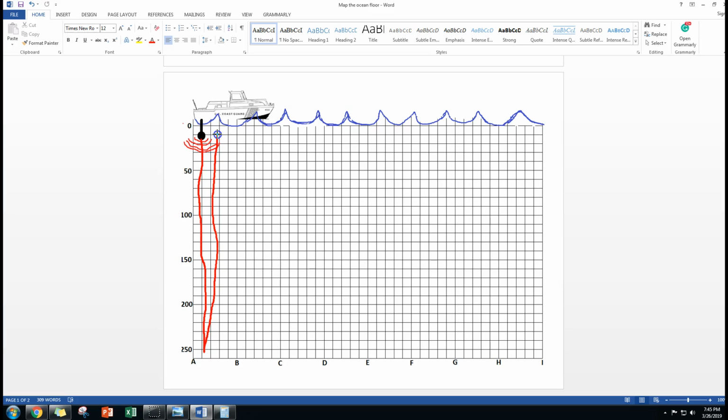That total distance down and back was 306 or whatever I had on my calculator meters. But we don't want to know the total distance down and back. We only want to know the total distance to the ocean floor. So what we have to do, our extra step, is we have to divide all of our answers by 2.